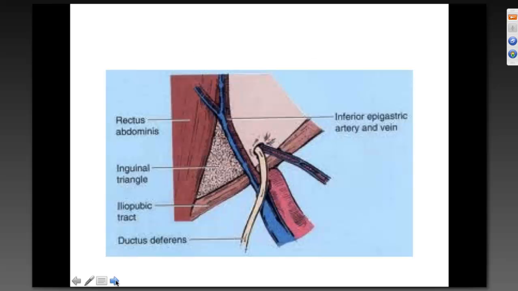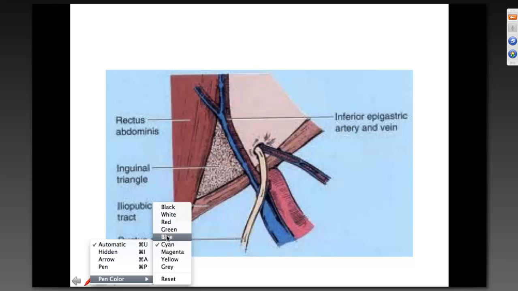All right, so here's the one. This is the only reason we really need to talk about the layers of the abdominal muscles. Because if you don't go down deep enough to make your way to the conjoint tendon, then where you're going to be is really superficial, and you're going to be looking at the rectus abdominis. All right. That said, let's identify the triangle.